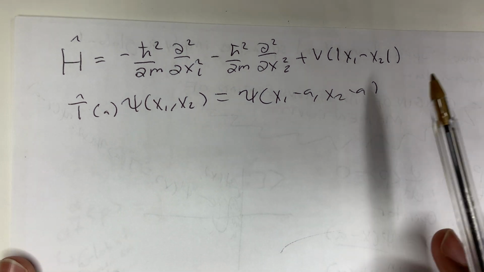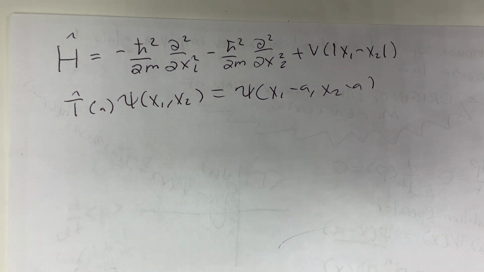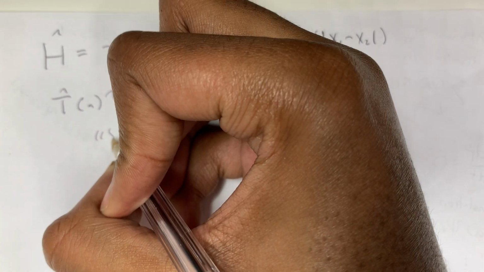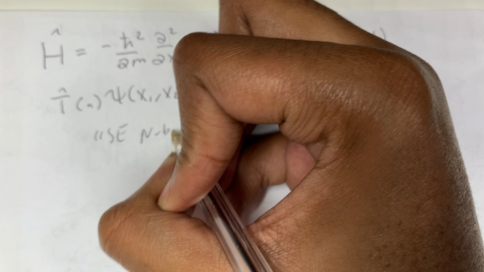Okay, so if you guys don't know what I'm saying here, watch my video on the Schrodinger equation for the n-body problem, because this is all in 1 dimension, right? It's called Schrodinger equation n-body problem.